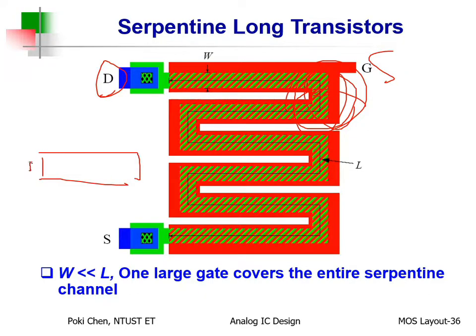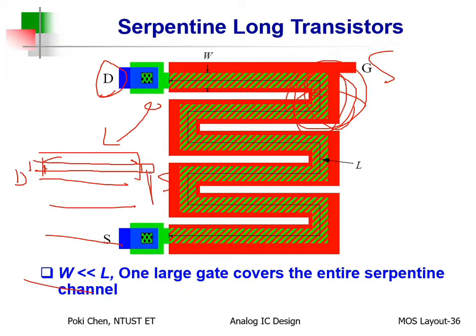And your source and drain, for each finger, drain here, source there. So what is the length from here to there? Accurate, right? And what is the W here and there? Accurate. And many of them connected by metal line, this and that.